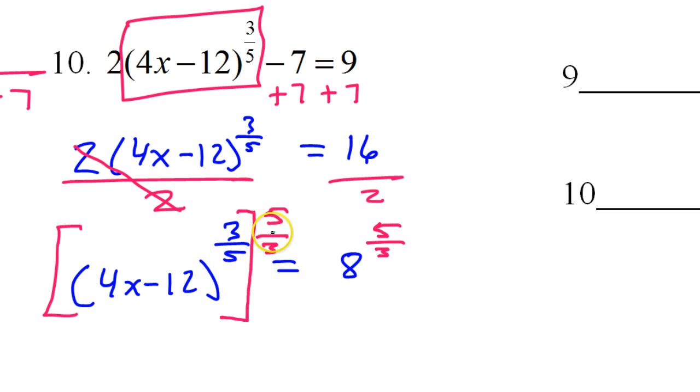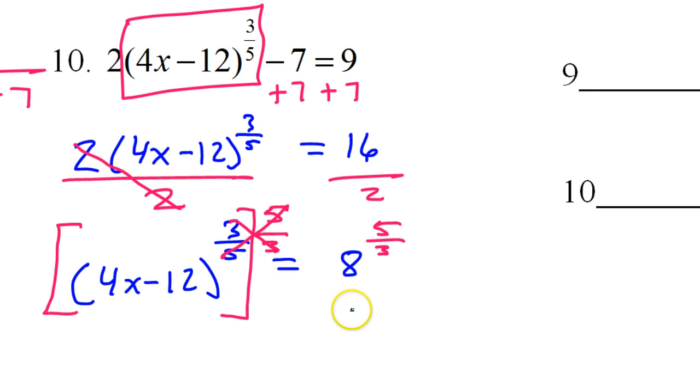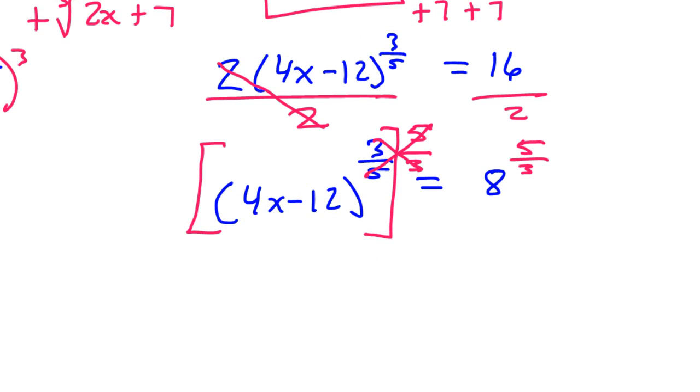Now, when you do a power to a power, you multiply. And when you multiply 3/5 times 5/3, that just makes 1. Okay, because these wind up canceling each other out and making 1. So that's going to just leave 4x minus 12 over here.